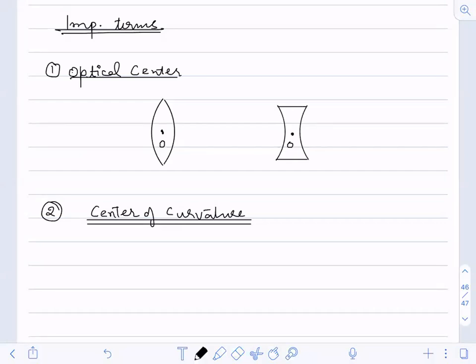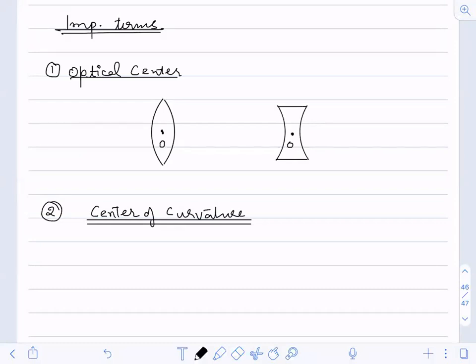The center of curvature is the center of the spherical glass of which it forms a part, the center of the circle which passes through the curve.